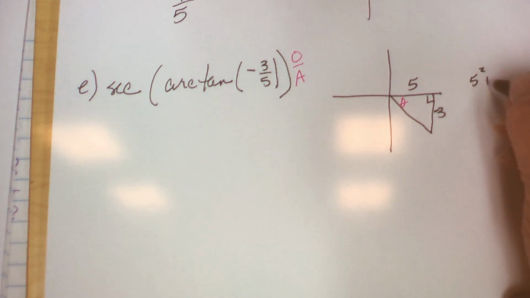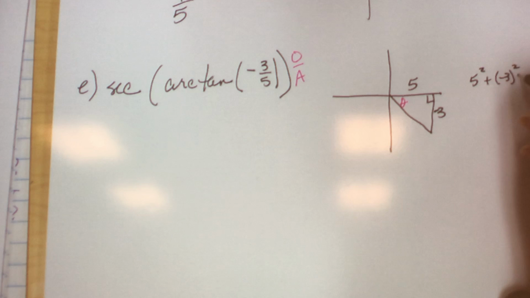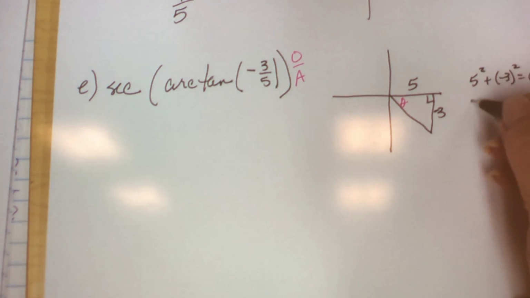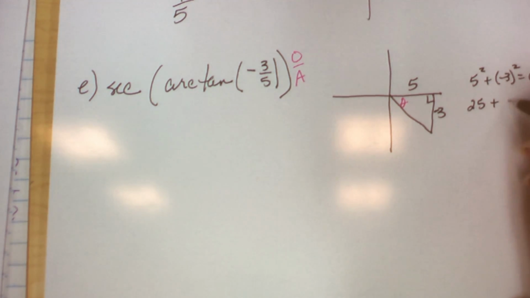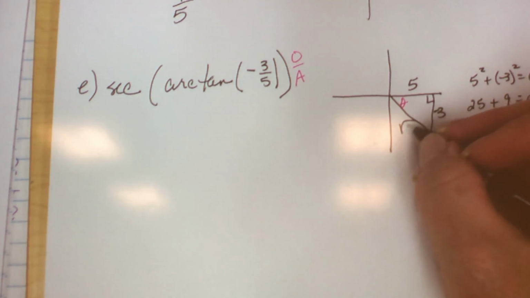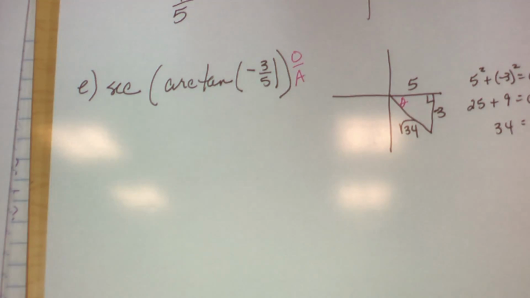So 5 squared plus negative 3 squared: 25 plus 9. C squared is equal to 34, so C is the square root of 34, which cannot be reduced.